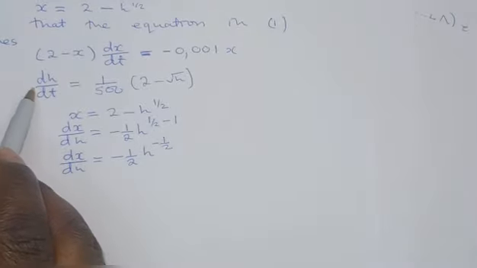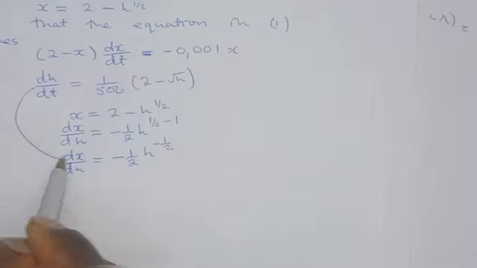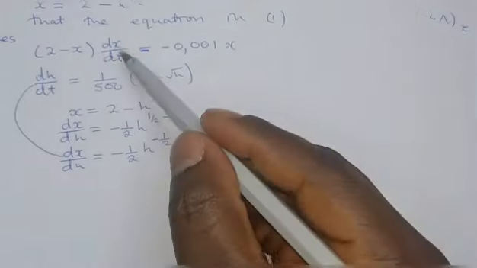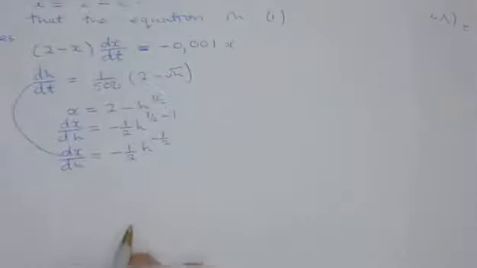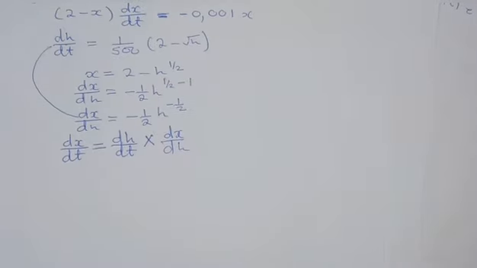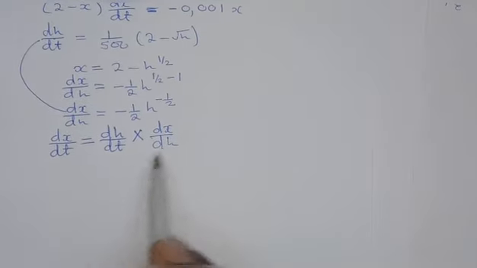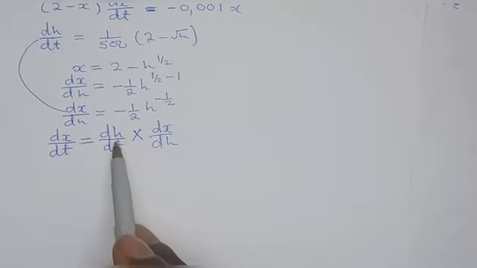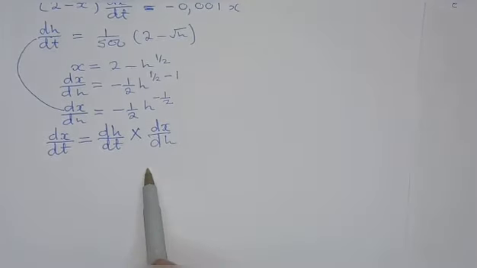Then I connect dh dt with dx dh to create dx dt, which is what is required. It means dx divided by dt is equals to dh over dt times dx over dh. I hope you are following class. Right, so we multiply by dx over dh in such a way that dh cancels with dh.